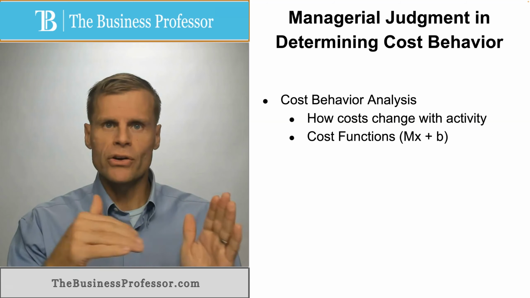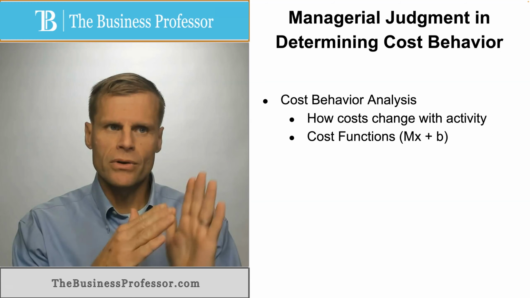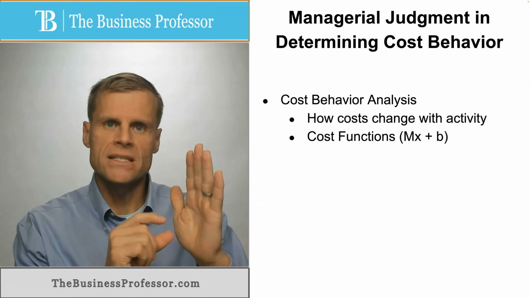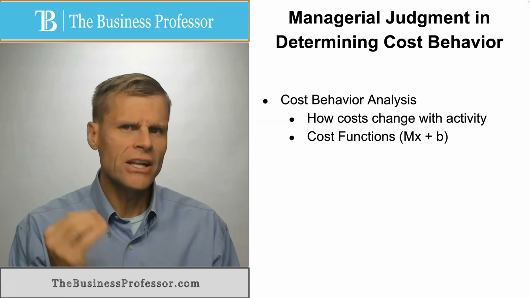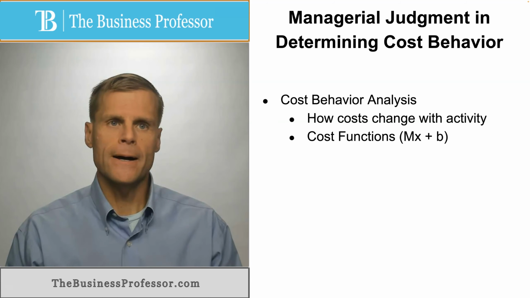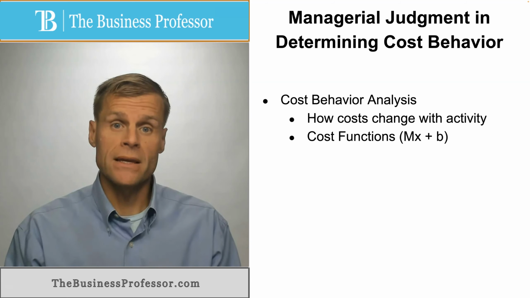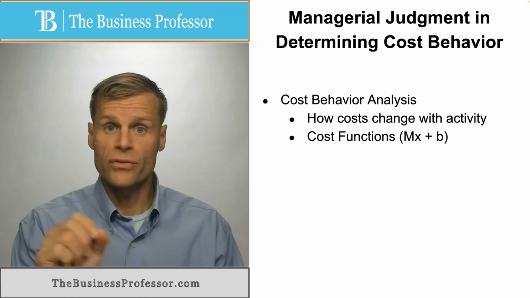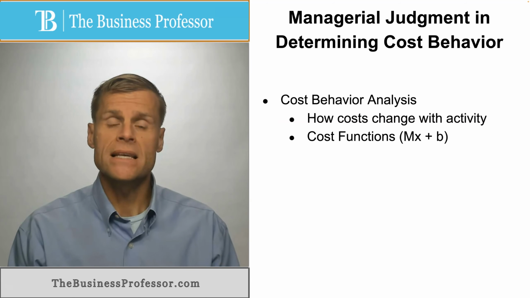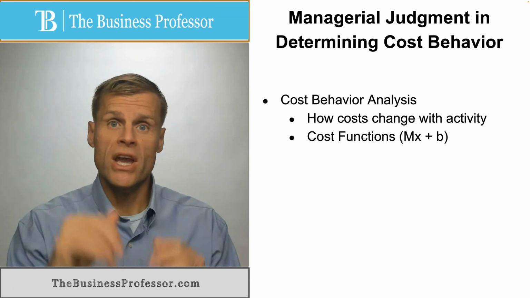It's the linear or curve-based function where you're mapping out your changes in cost based upon changes of a given behavior. And you can use the traditional formula for a cost, the mx plus b, the b being where the curve crosses the y-axis and the m being the slope and how that changes.